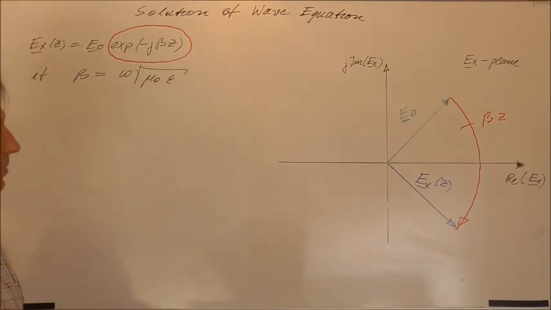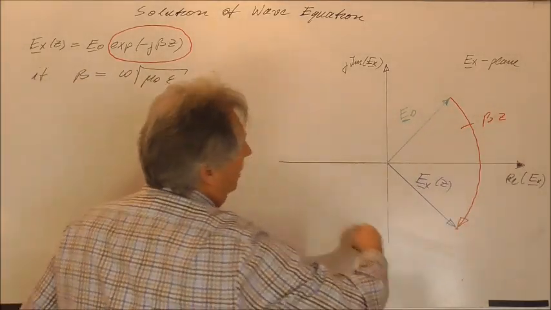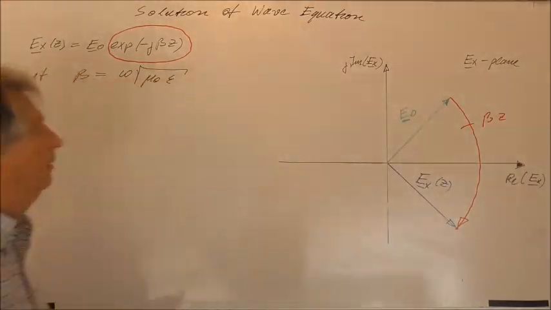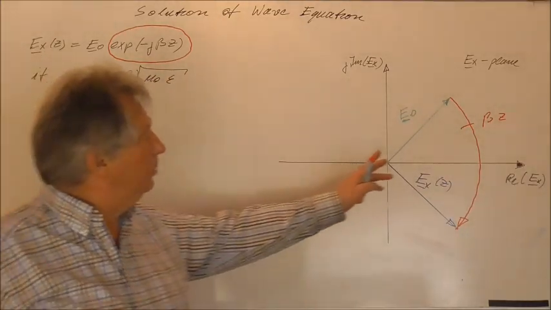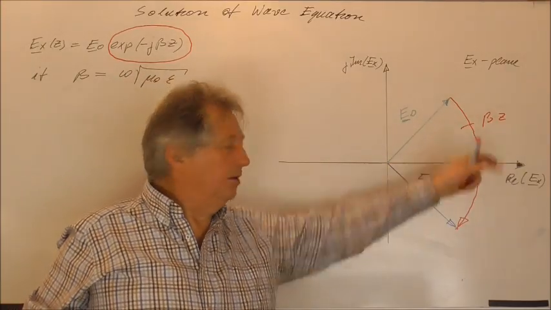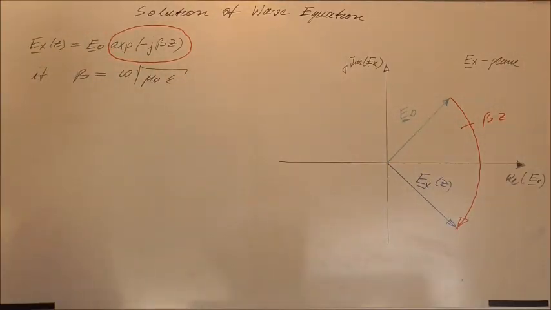And you see, the further we propagate in the z direction, it will always be turned by the phase beta times z depending on the distance z.